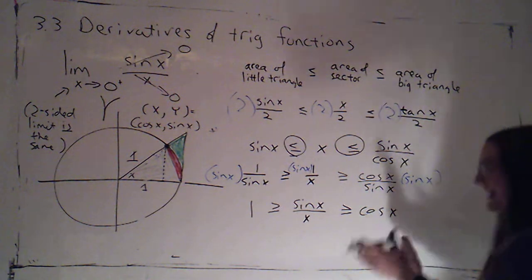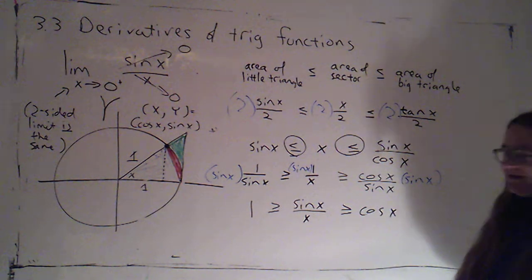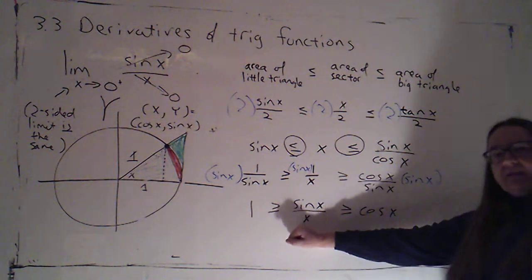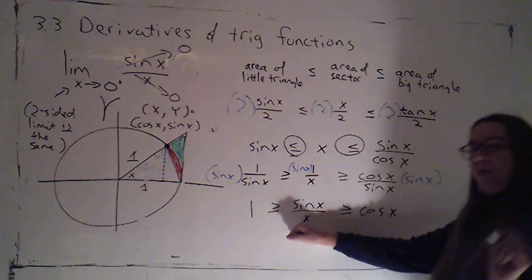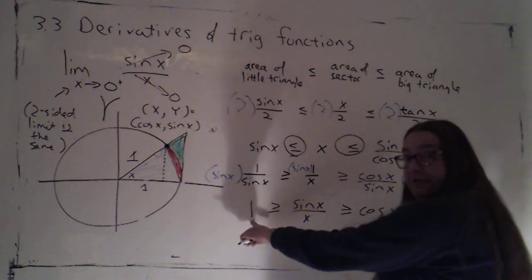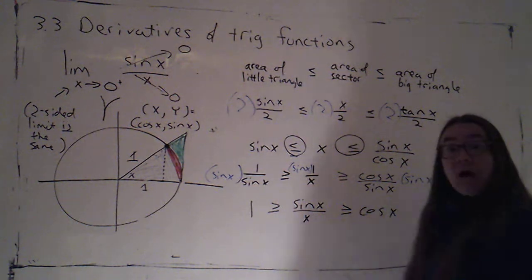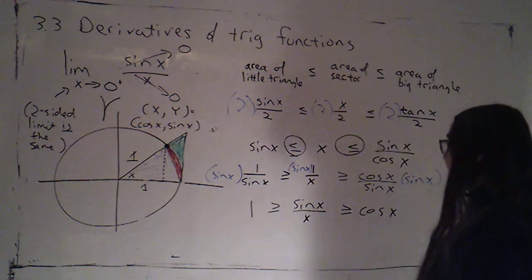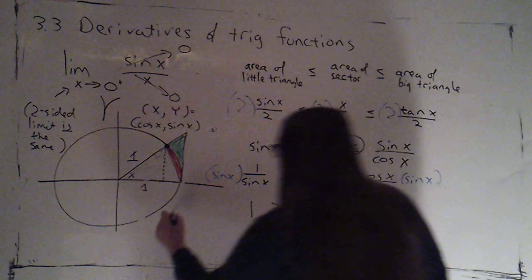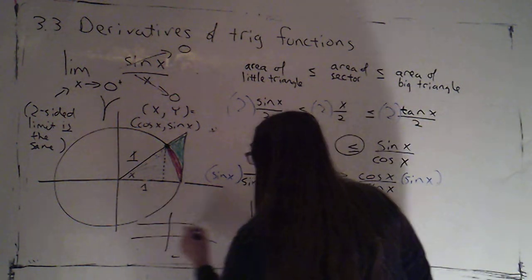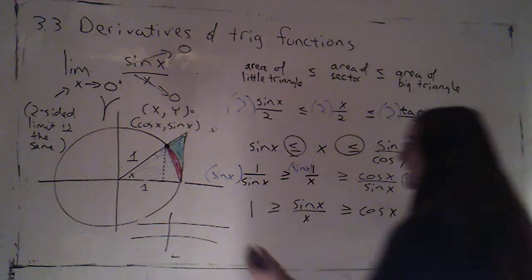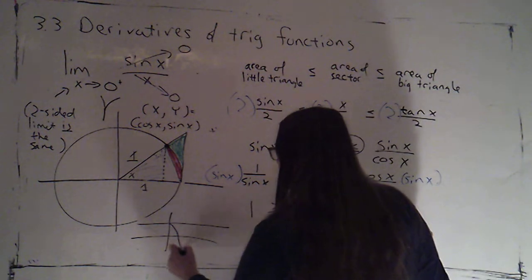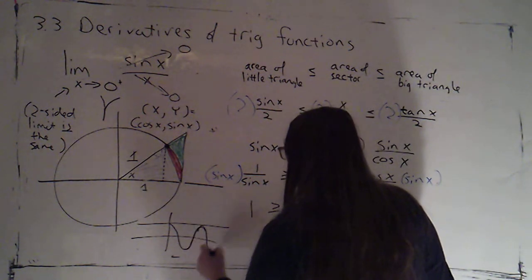Excellent. That's the setup I want for the squeeze theorem, that the function whose limit I want to take is trapped in between two other functions. I'm viewing that one as a constant function. It's just a horizontal line. Okay. So if I were to graph this, I can say here's 1, and then I know what cosine of x looks like. Cosine looks like this.